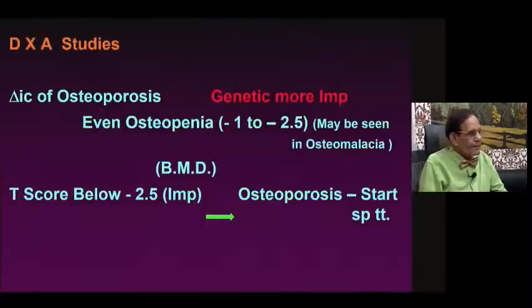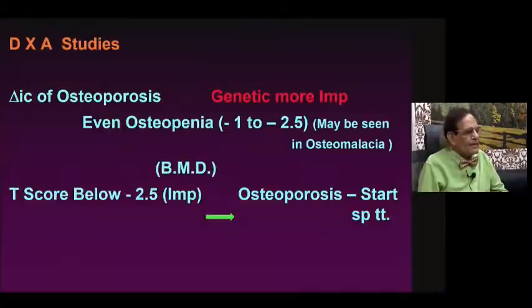You do these studies, they are called DXA studies, bone densometry. And when you do these studies, what you get is a reading. They give you a reading: -1, -1.5, -2, -2.5. If you have readings between -1 and -2.5, we call it osteopenia.